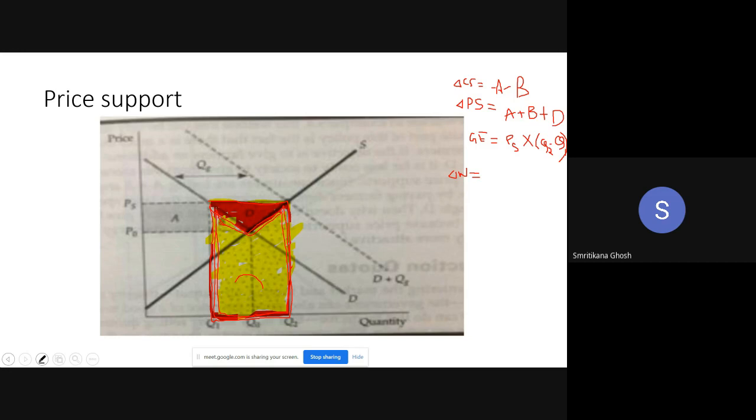From the welfare perspective, it is not the 100 rupees coin, it is not the 1,000 rupees note. It is just the welfare. This is the loss of welfare from the government side, but no one is getting it. It is ultimately the loss. End of the day, it is the loss.